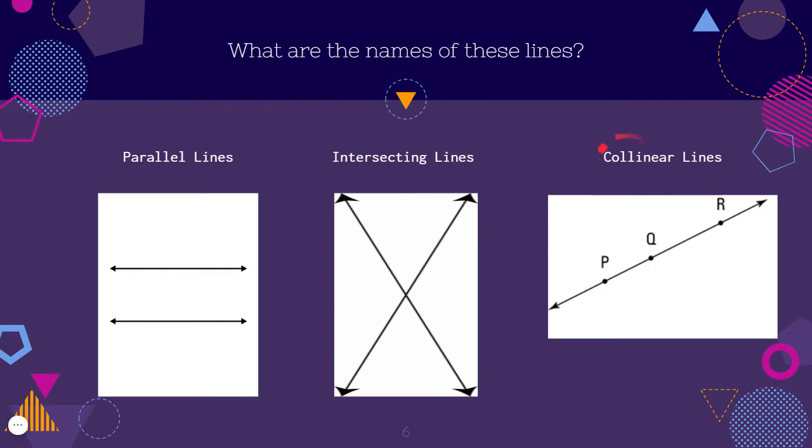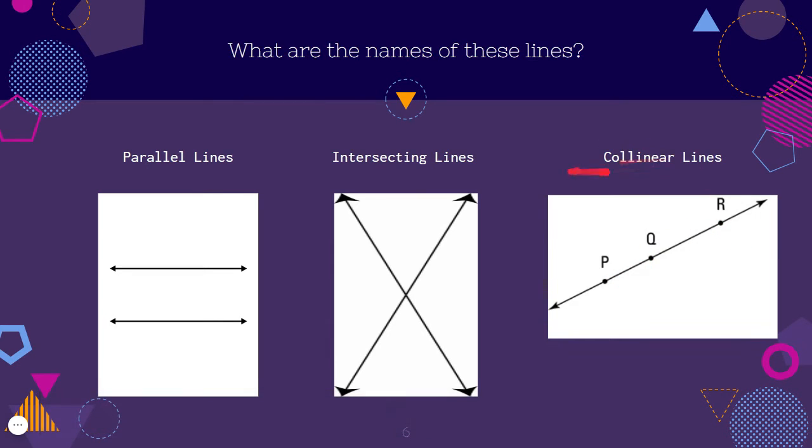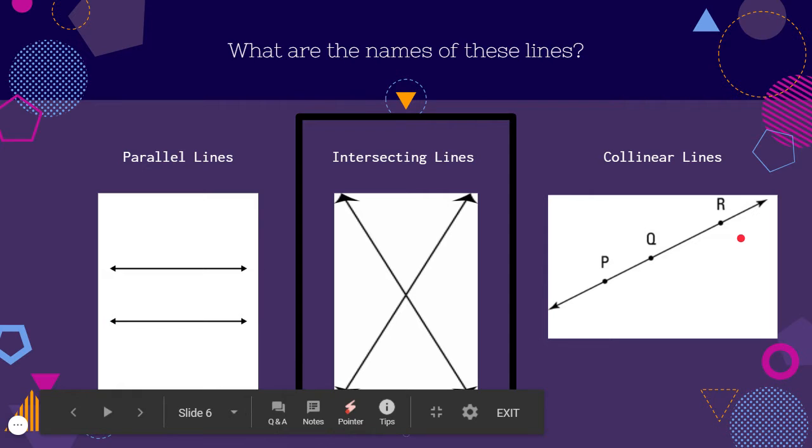And the third one is going to be collinear lines, which means a single line having 3 points on it like this. That means they are collinear lines. As we have already seen in the previous video, linear means in a straight line like this. And now the important type of line that we need to know for our objective today is this, intersecting lines.